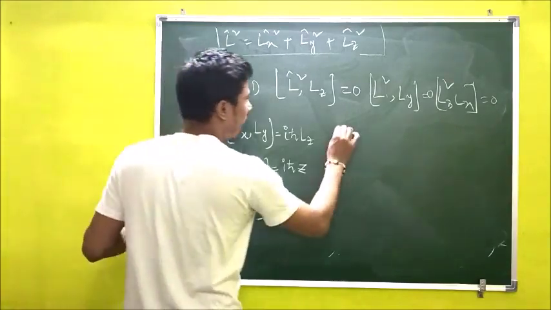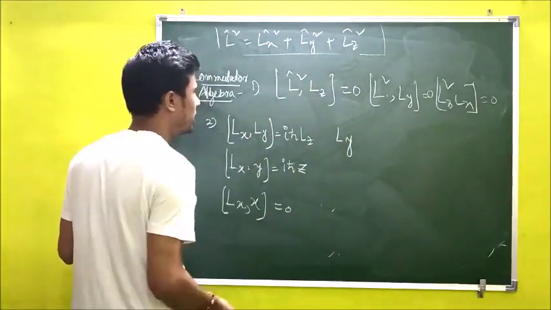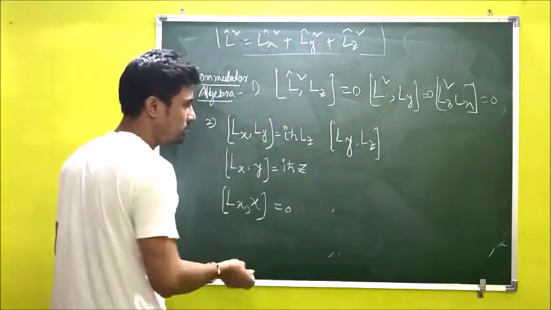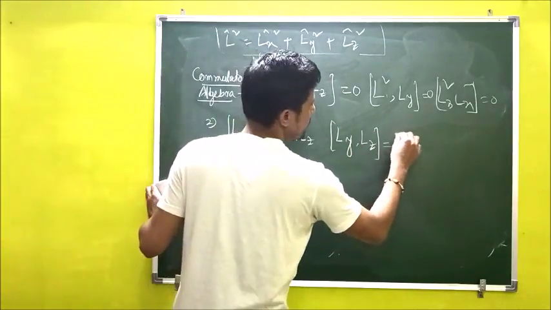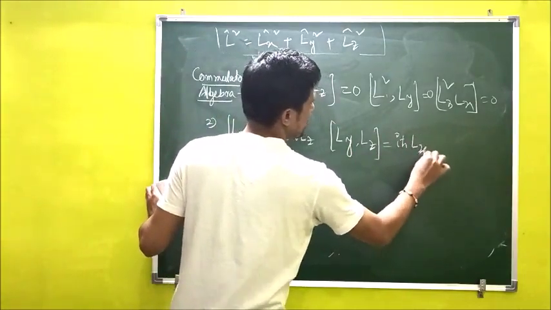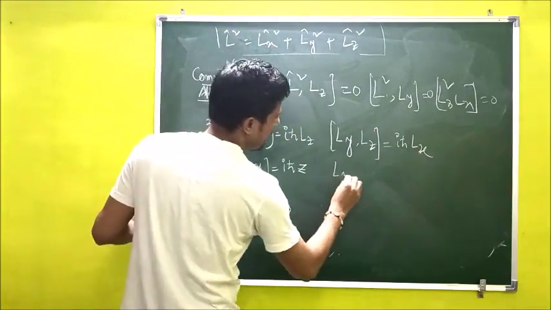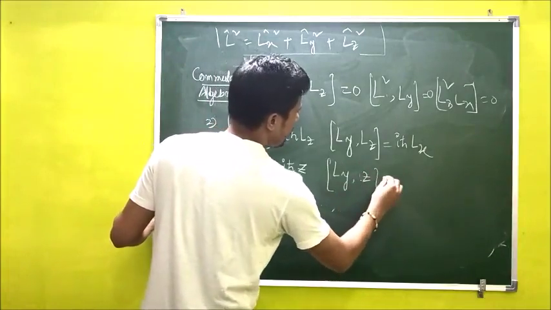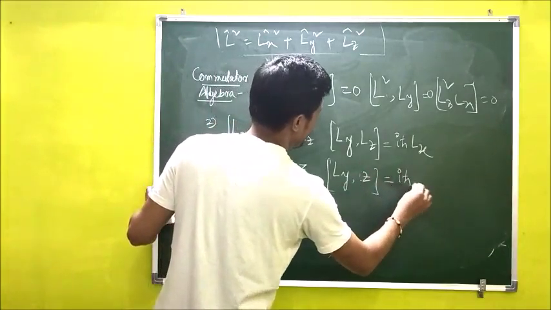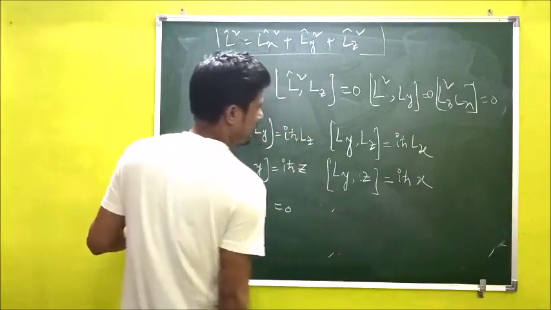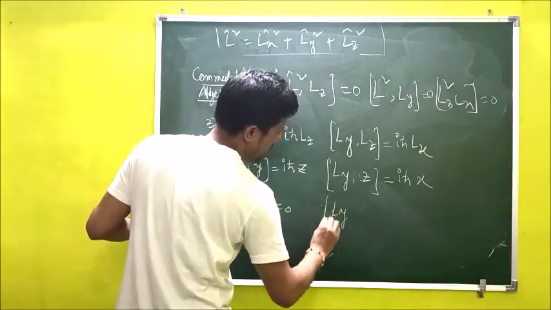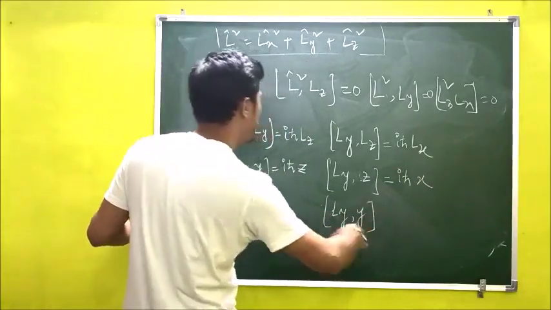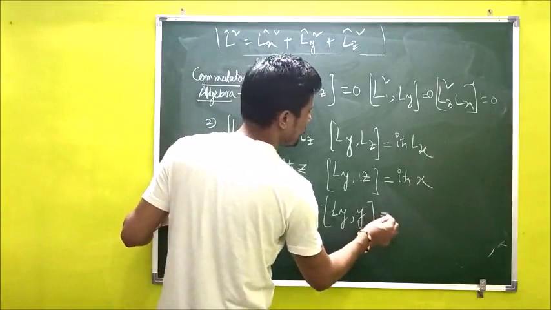Similarly, the commutator of Ly and Lz is i h cross Lx, and Ly and z is i h cross x, whereas the commutator of angular momentum along y and position along y is 0.